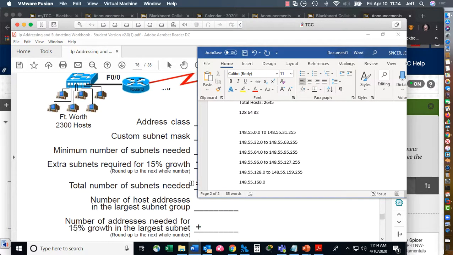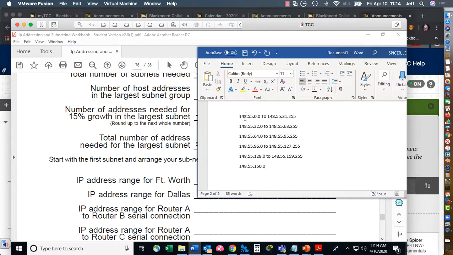So this becomes Fort Worth. This becomes Dallas.